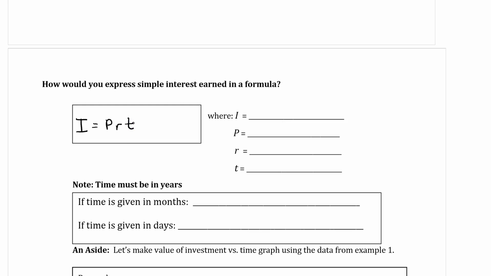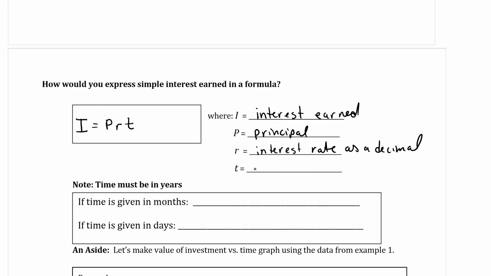Now time is always in years, where I is interest earned, P is the principal, R is the interest rate as a decimal, and T, this is the new thing, T is the time, and it's always going to be in years.